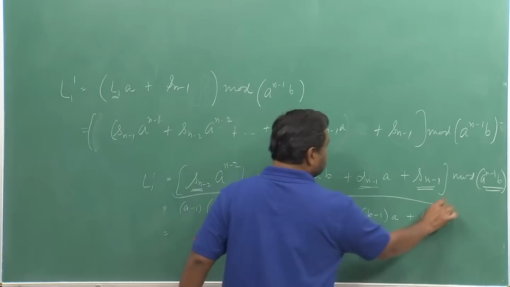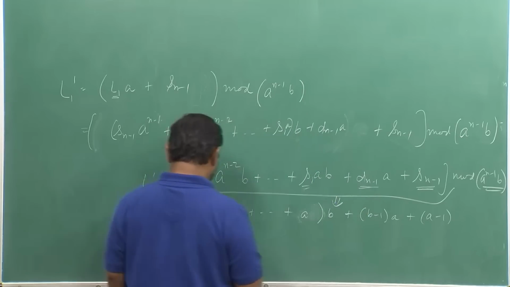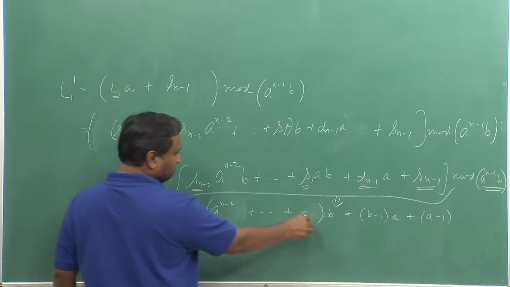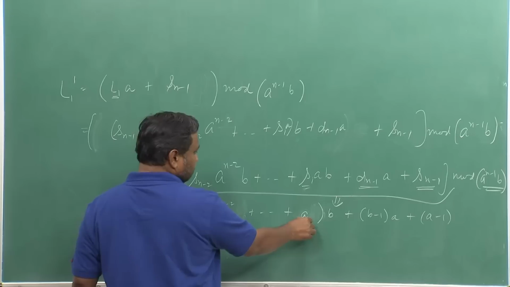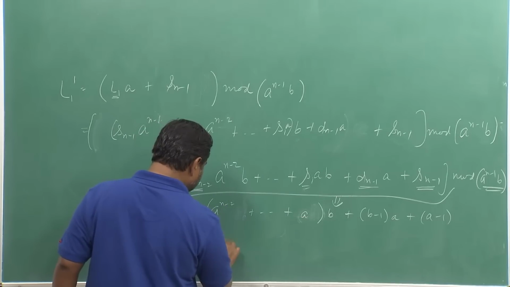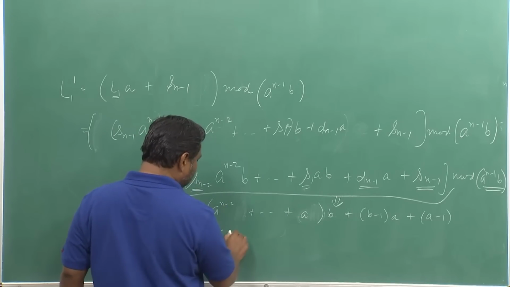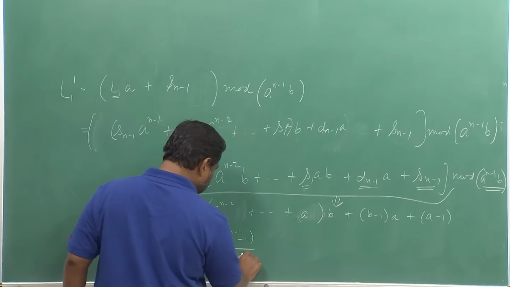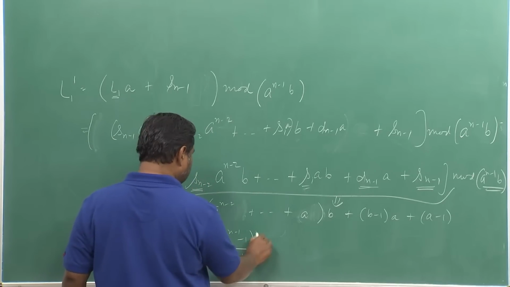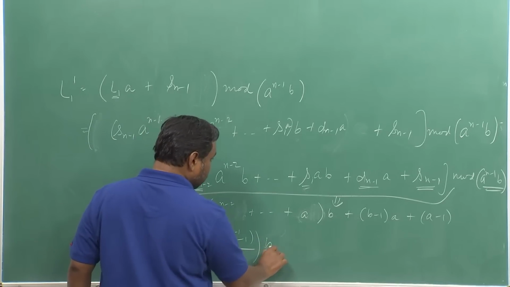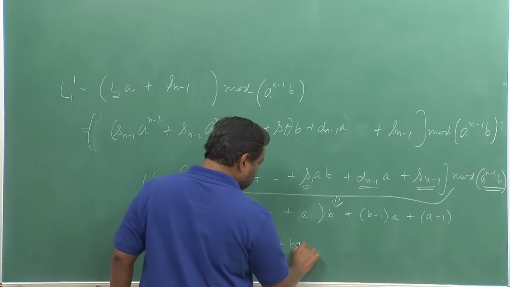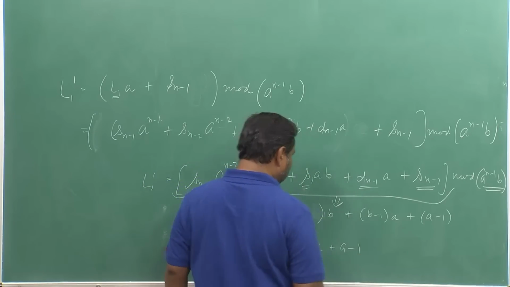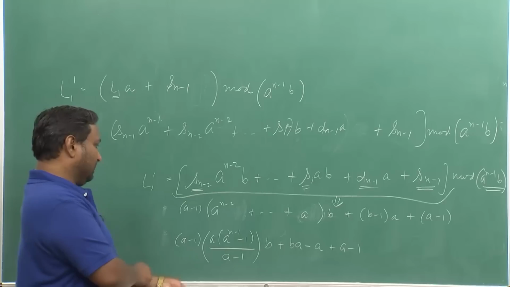So, this will be now A minus 1, this is a series which is starting with A. So, this will be A into A, number of terms will be n minus 1, this will be into B, BA minus A plus A minus 1. Okay.